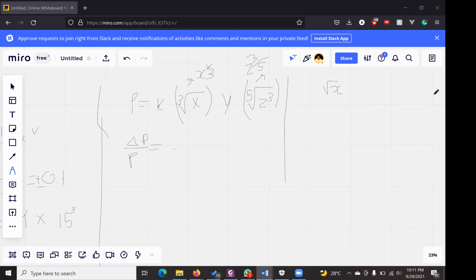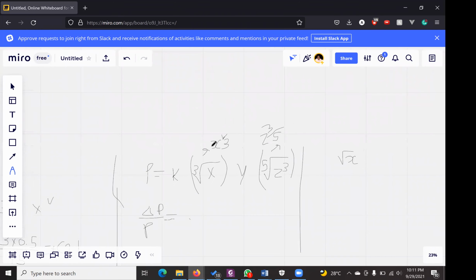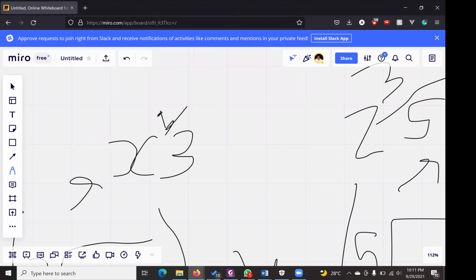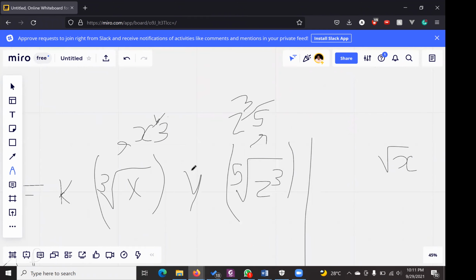X to the 1/3, my bad. I'm using a trackpad. So X to the 1/3, that's because we have a cube root, and Z to the 3/5.